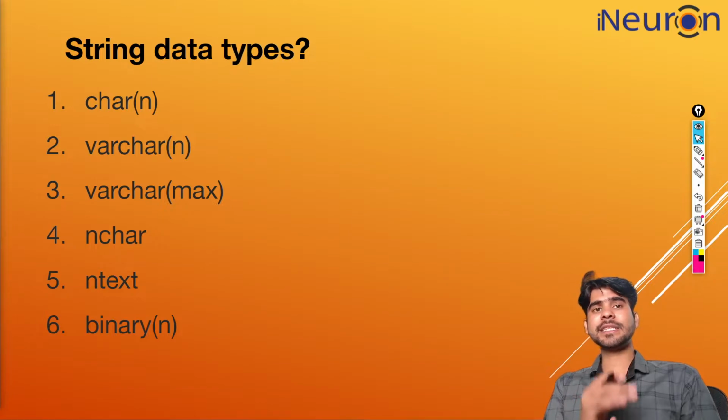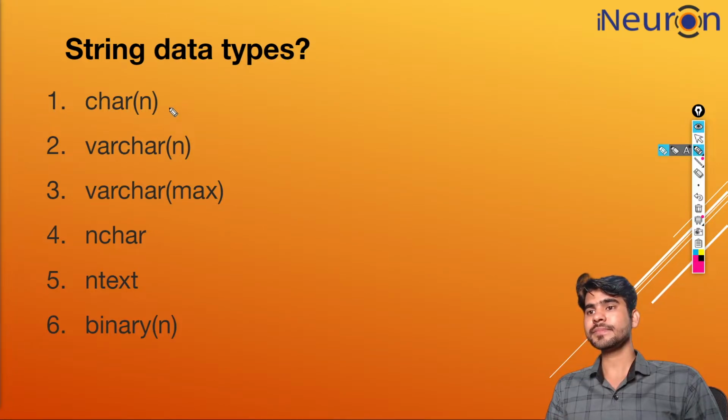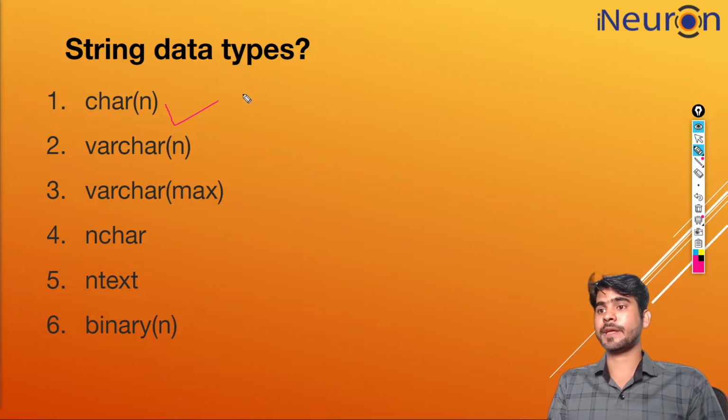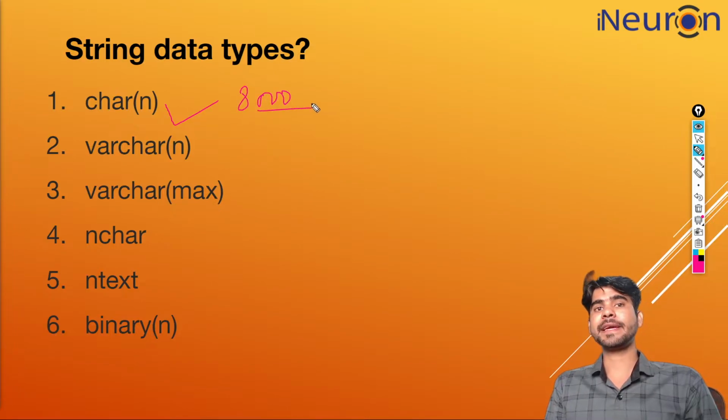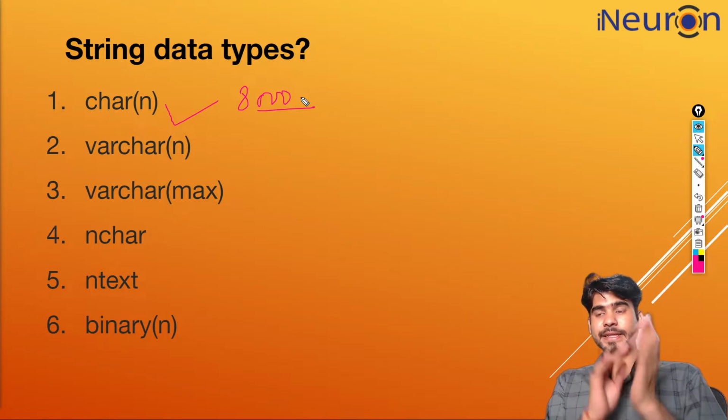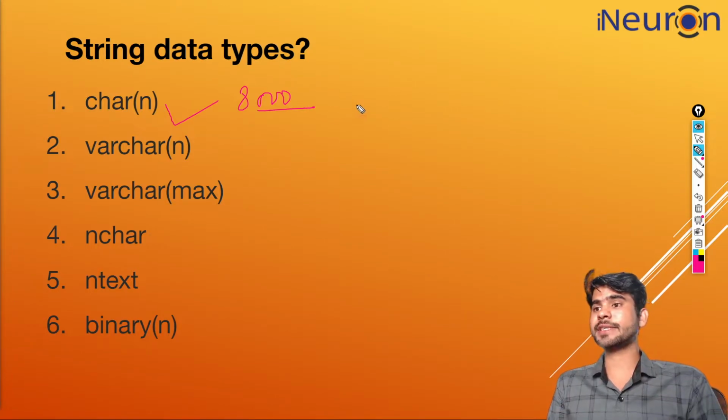What is char n here? Char n is a fixed width character string data type, and we can define char n up to 8,000 characters. So whenever we are creating a table, we can define our first name as a char, and here we can define char with size 5.